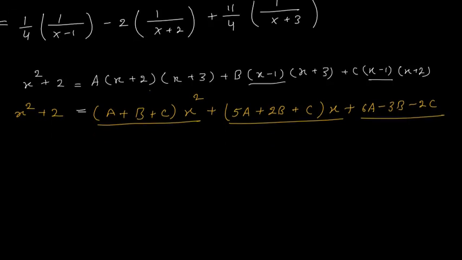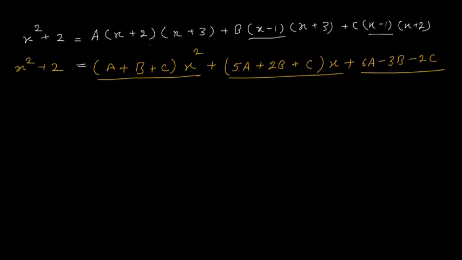Now if you compare both sides, so when you compare, you see that x square is on the left hand side and right hand side. So you can say that the value of a plus b plus c is equal to 1, because the coefficient of x square here is 1.